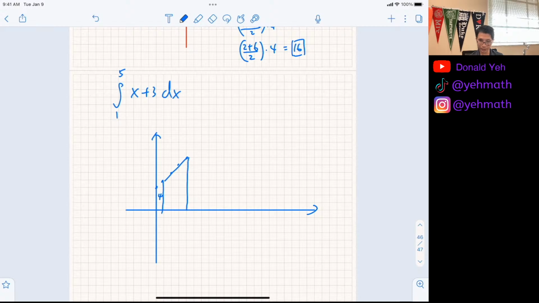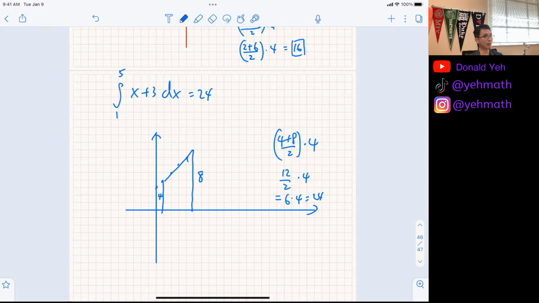Sorry, you're right. This one is 4. So this one is going to give you 1, 2, 3, 4, 5, 6, 7, 8. So it'll be 4 plus 8, divided by 2, times 4. So that's 12 divided by 2 times 4, equal to 6 times 4, which is equal to 24.